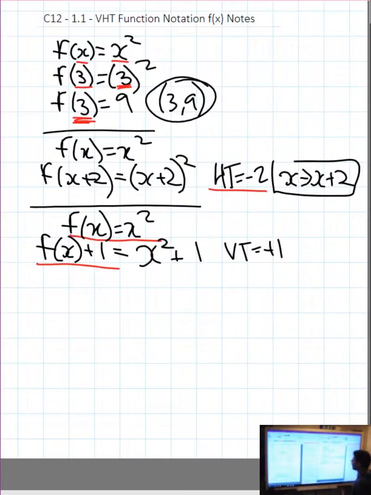Now, what about all that theory that we talked about with the y equals, and how did the plus 1 show up where it did? Well, this is f of x equals x squared, and this is f of x plus 1. Let's do it in variable notation and say y equals x squared. And how do we get that plus 1 off to the right?